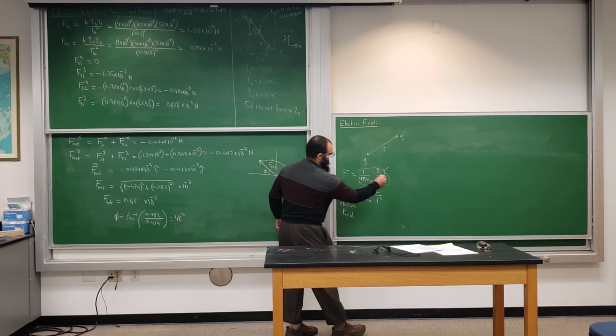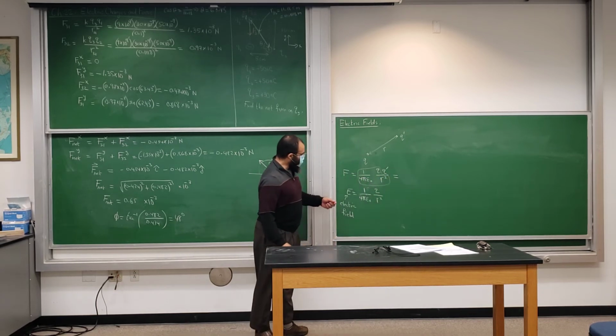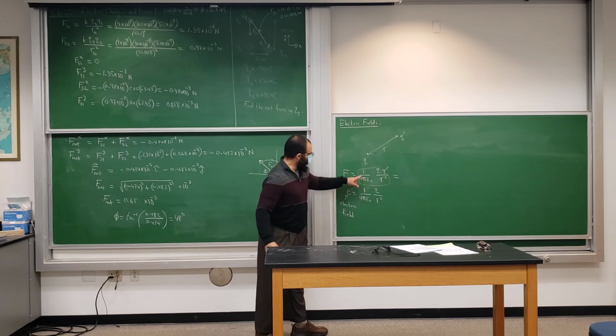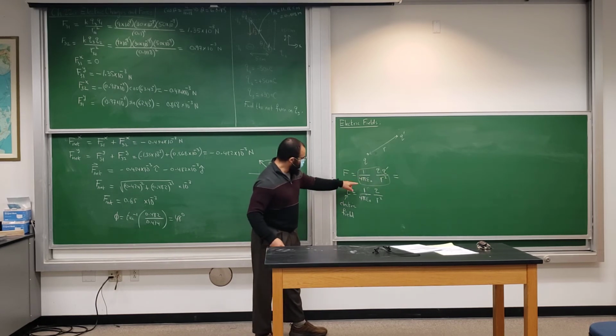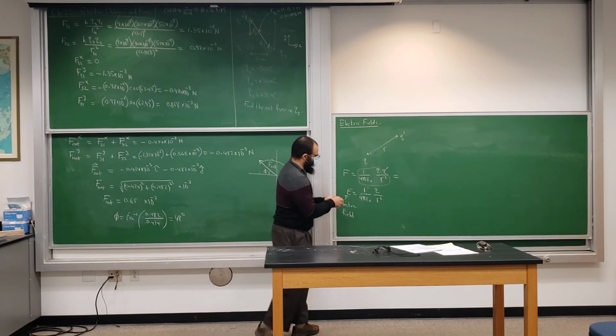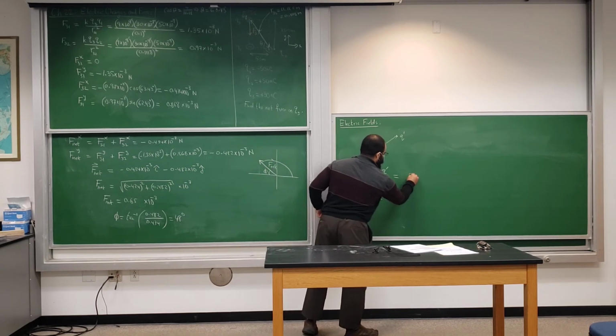So in other words, now the force on Q prime is equal to all this stuff which we defined as the electric field, so E times Q prime.